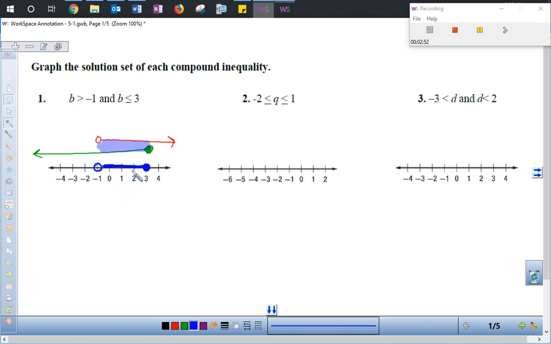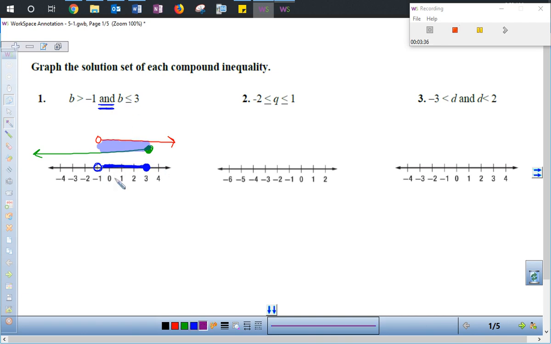Now if I were to choose the number 2, for example, that is greater than -1 and at the same time it's also less than or equal to 3, so it works. If I were to choose the number 4, it is greater than -1, but it's not less than or equal to 3, so it has to make both of our statements true to work.